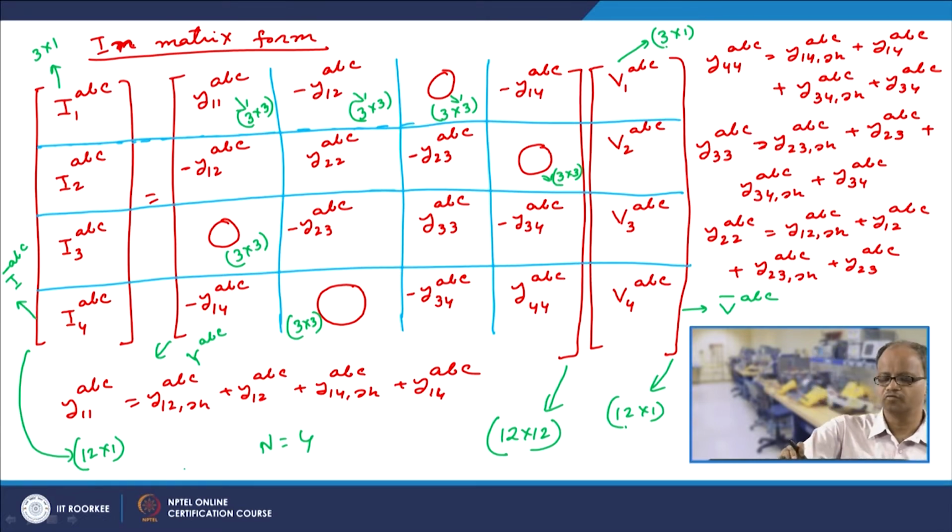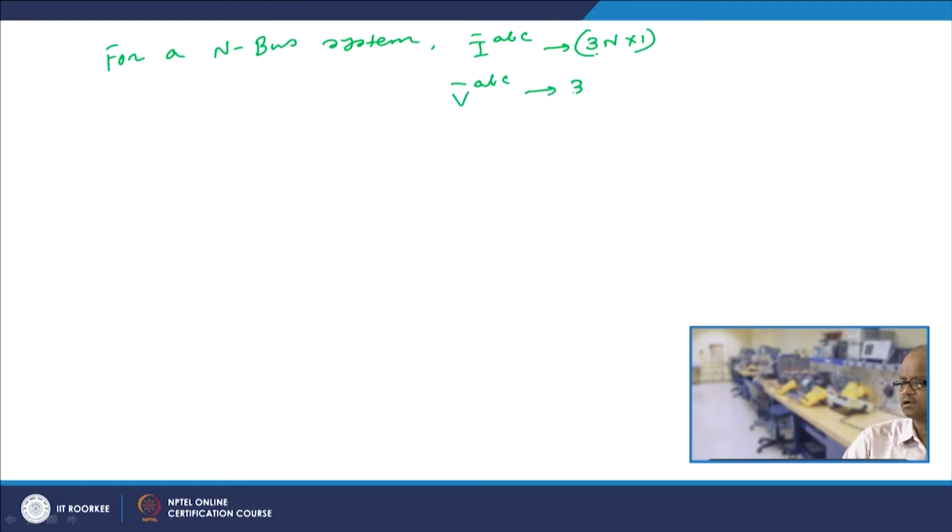So for an n bus system, the I ABC vector is 3n cross 1, the V ABC vector is 3n cross 1, and the Y ABC matrix is 3n cross 3n.